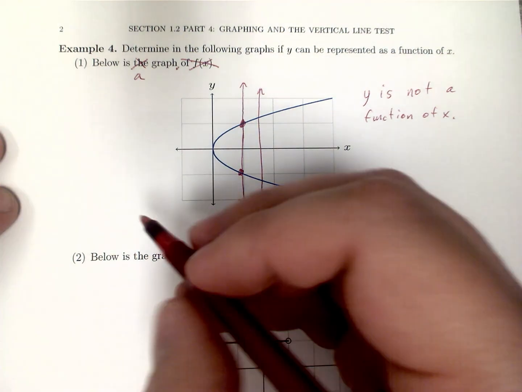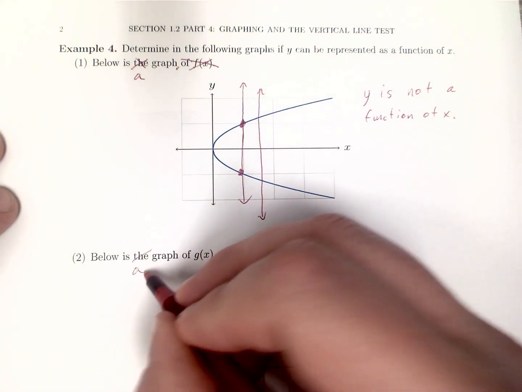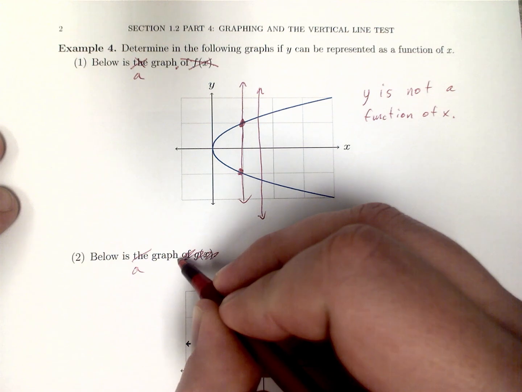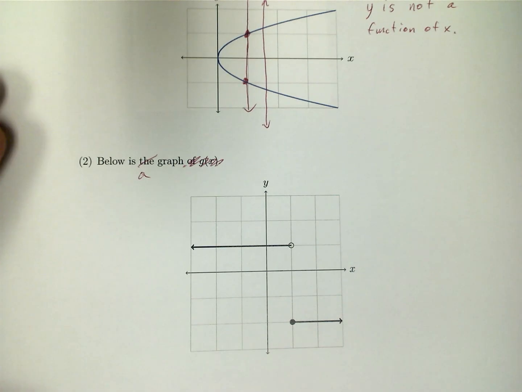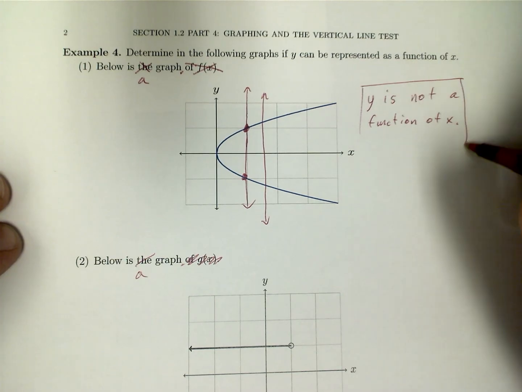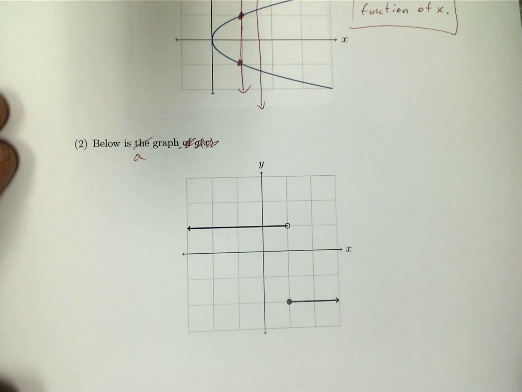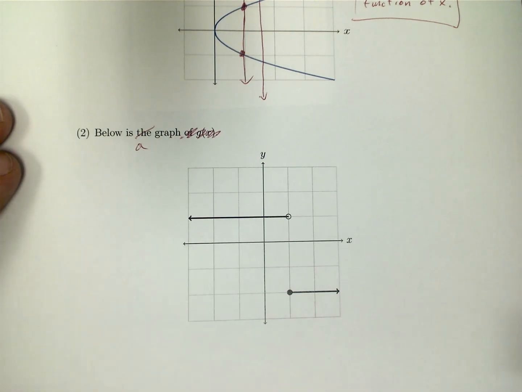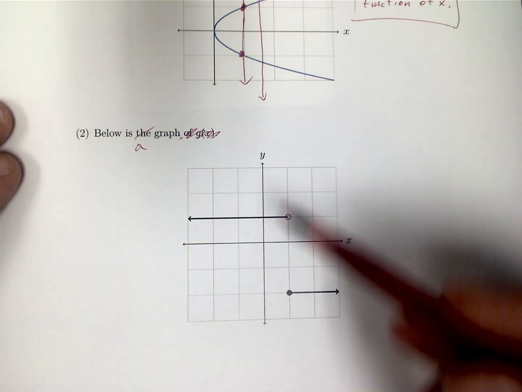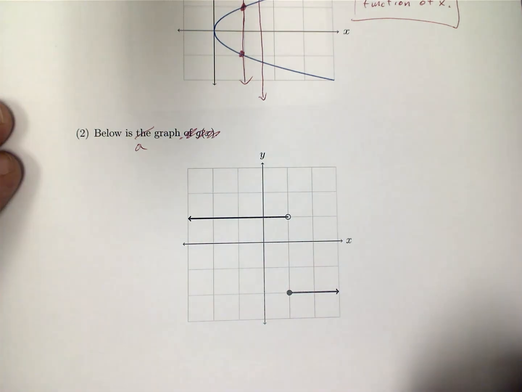Okay. Similarly, below is a graph. And this was our answer, by the way. But what about here? Can we draw a vertical line, and is there any vertical line that we can draw that will go through the graph more than once?